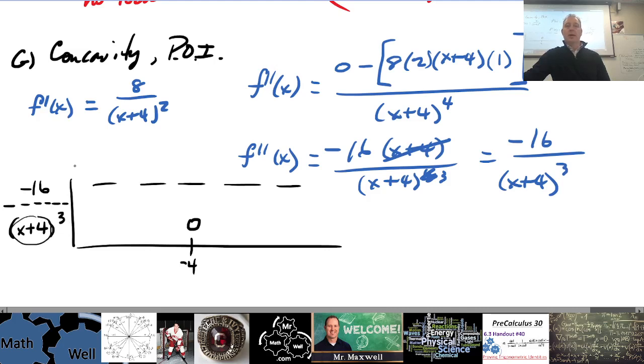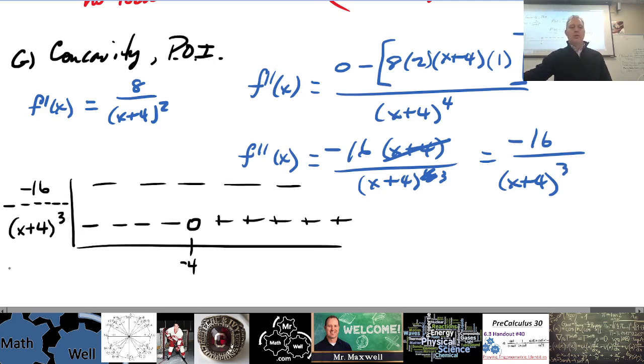Is that going to be negative or positive? Yeah, it's going to be negative. And then if you have x greater than -4, like 0, so 4 cubed, is that going to be positive or negative? Positive. Okay. So with an odd exponent, it changes. If this was an even exponent, then it would be positive everywhere, right?